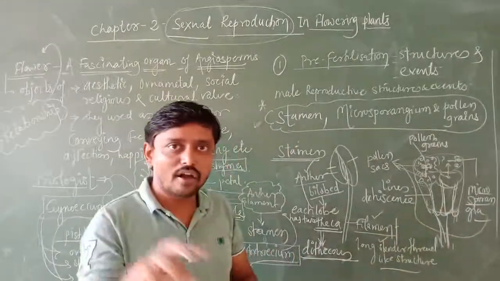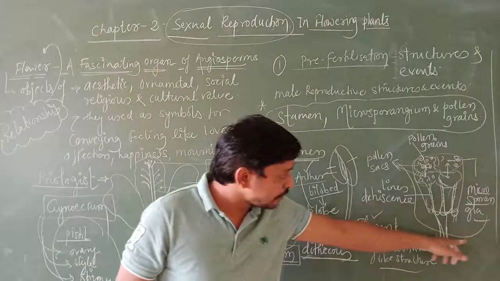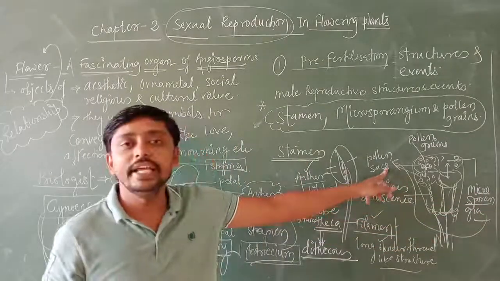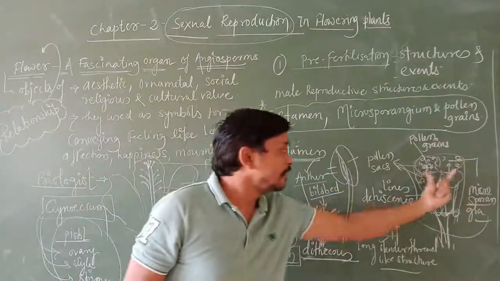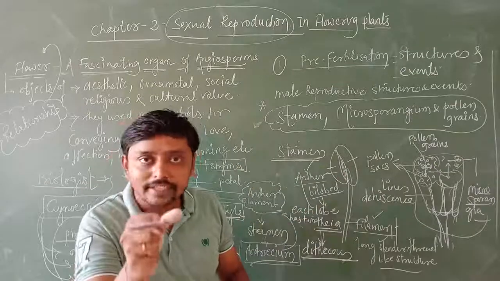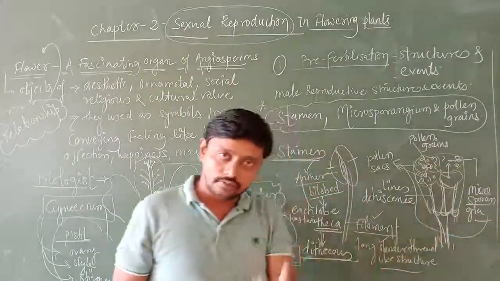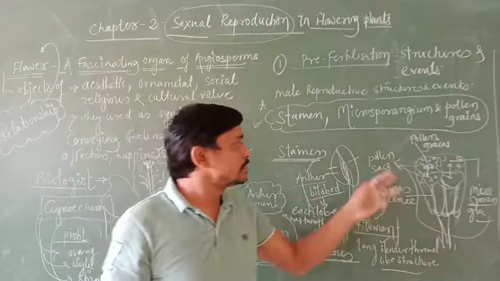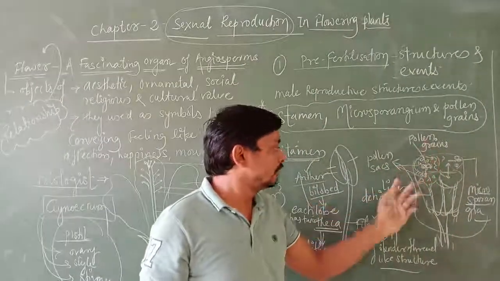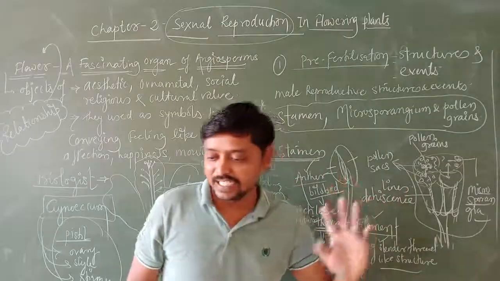At the 4 corners we get microsporangia, and these develop into the pollen sac, longitudinally throughout the length of the anther. In those we get the pollen grains, and those pollen grains are released with the help of lines of dehiscence.